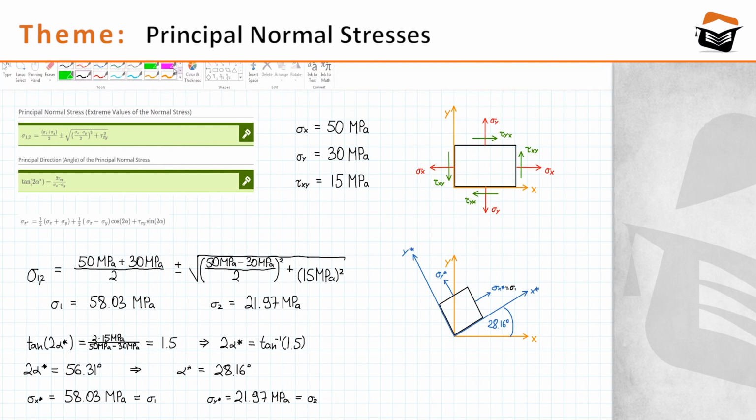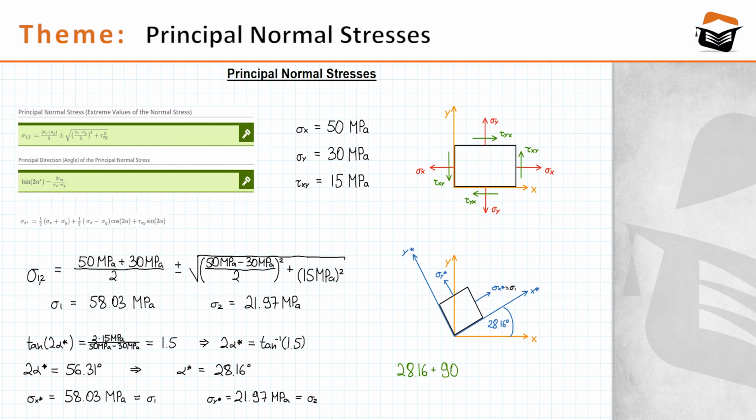To find this, that angle is simply 28.16 degrees plus 90 degrees, because the direction of sigma y star is perpendicular to the x star axis, and the x star axis is 28.16 degrees counterclockwise to the x-axis, and that is equal to 118.16 degrees.